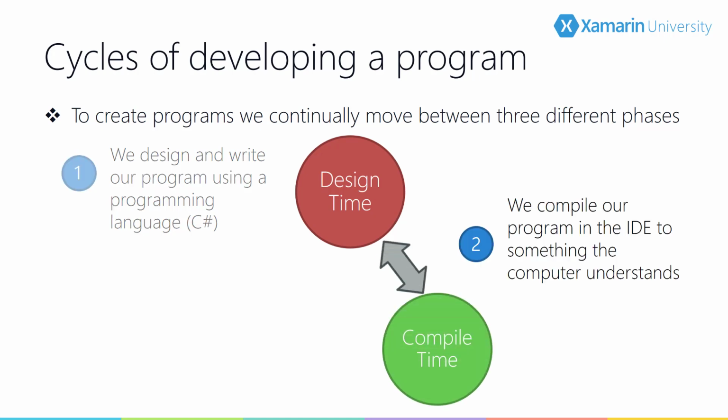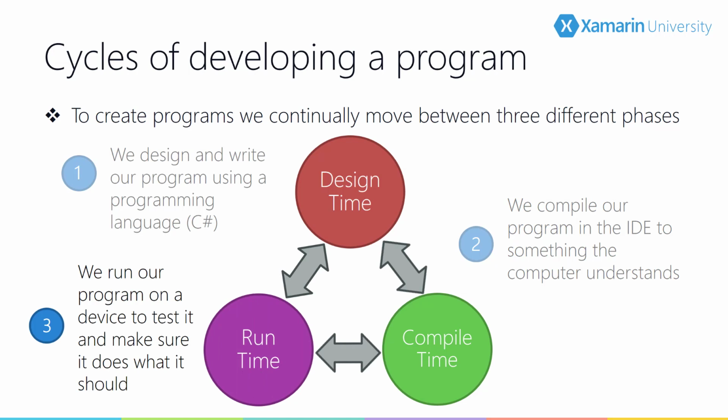Then we move to compile time. And this is where we actually compile the application into something that the computer can understand. This will also be used to find problems with our program, because if there is a problem, we can't successfully compile and we'll be notified about it at that point.